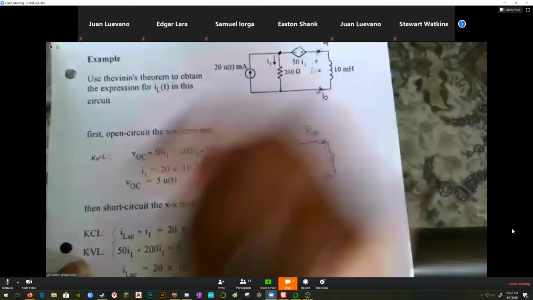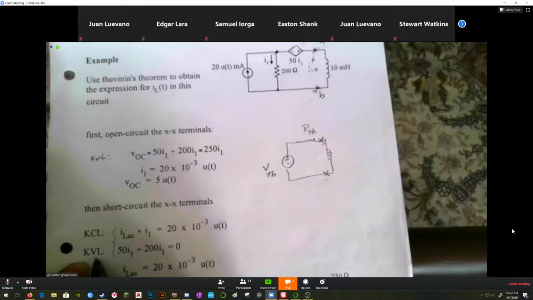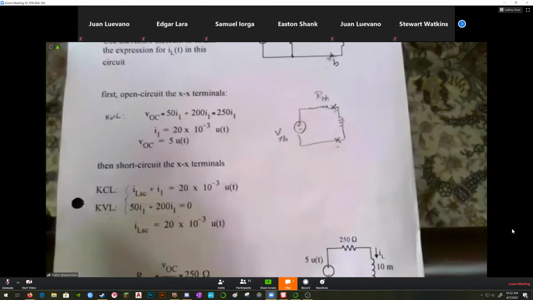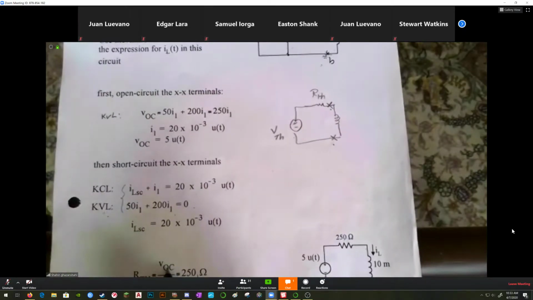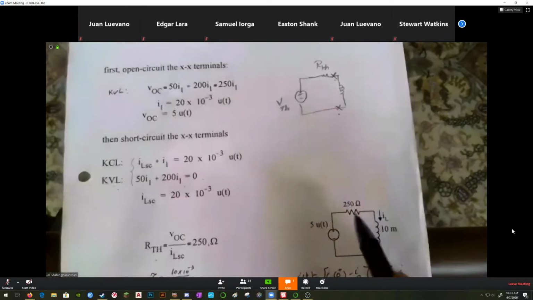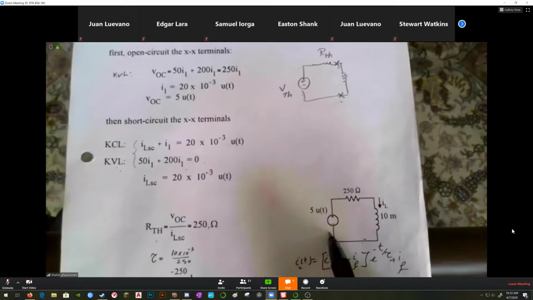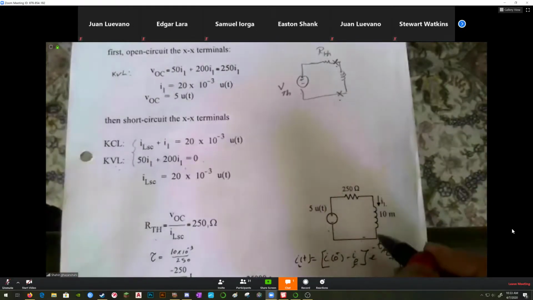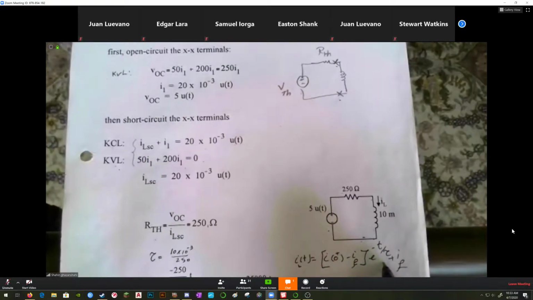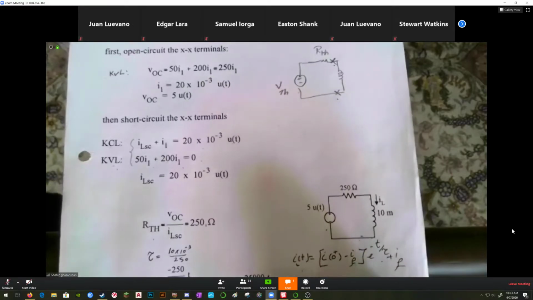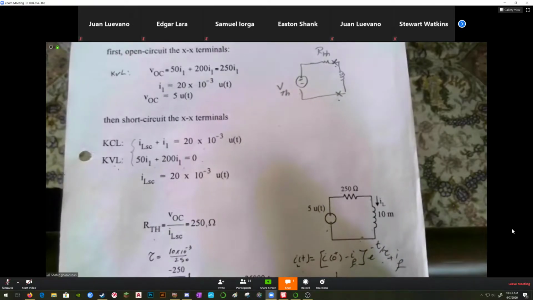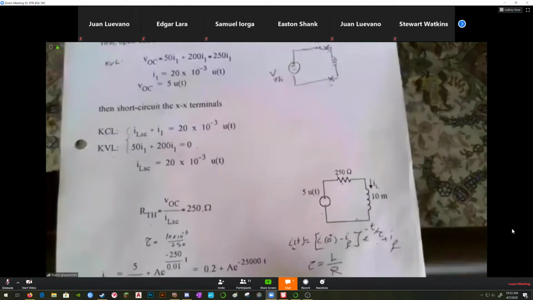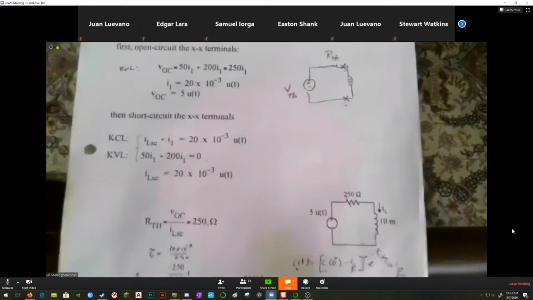See, very basic things we use, KCL and KVL, to solve the problem. Then I get R Thevenin, open circuit voltage over short circuit current. When you go home, try to calculate the Thevenin equivalent yourself and then follow up. Then you apply this equation, correct? And here your tau is L over R. Just one inductor, one resistor. Very simple. Is that clear?